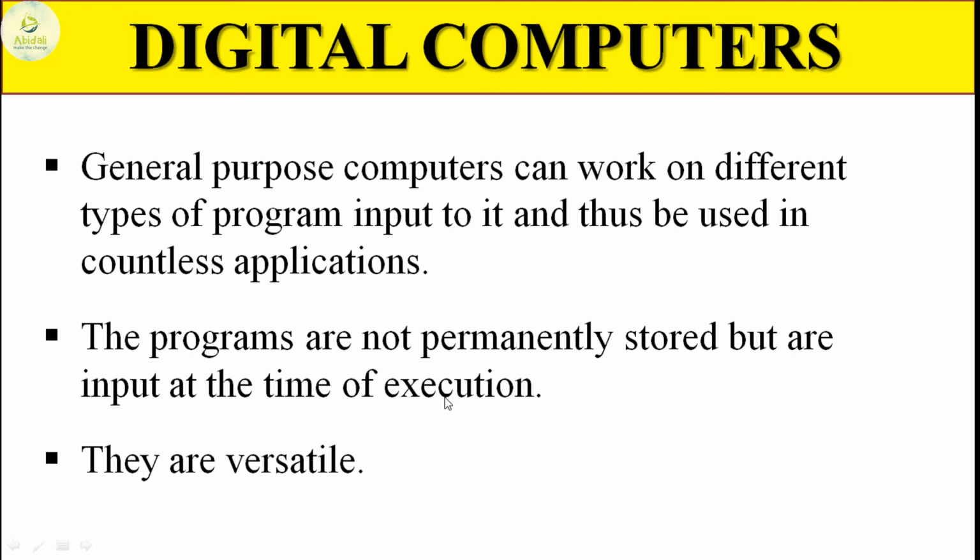But in the special purpose digital computers, the instructions or the task is stored permanently. Here in the general purpose computer, the instructions or the input are not stored permanently. They can be given when the user wants to execute that particular application or task.